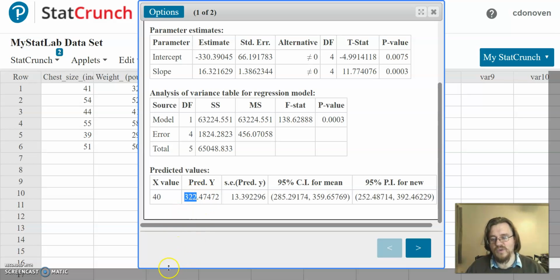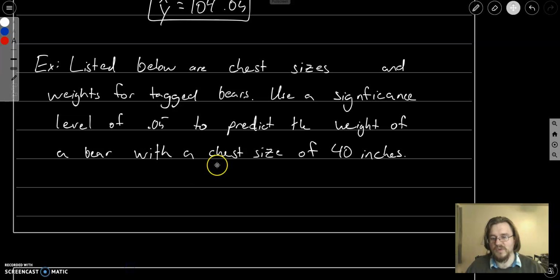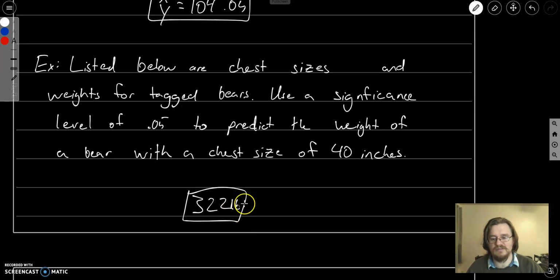So when we come back, using our 0.05 significance level, the p-value is much less than this, so we get to use our regression equation, and ultimately we're told that it will be 322 pounds.